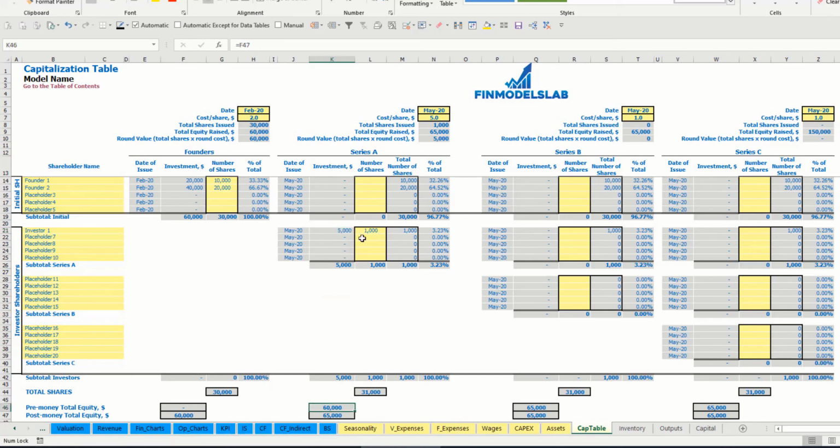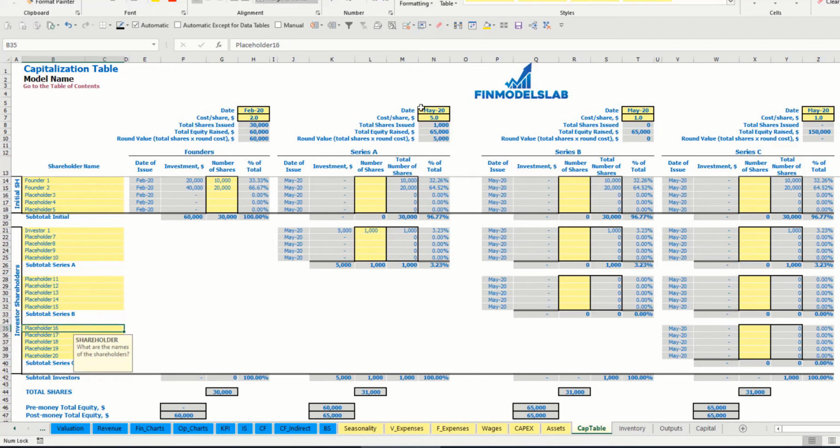You may see that before the Series A total equity was $16,000, after is $65,000, and investor 1 will have 3.23% of shares, and the shares of founder 1 and founder 2 also diluted, 32.26 and 46.52%.